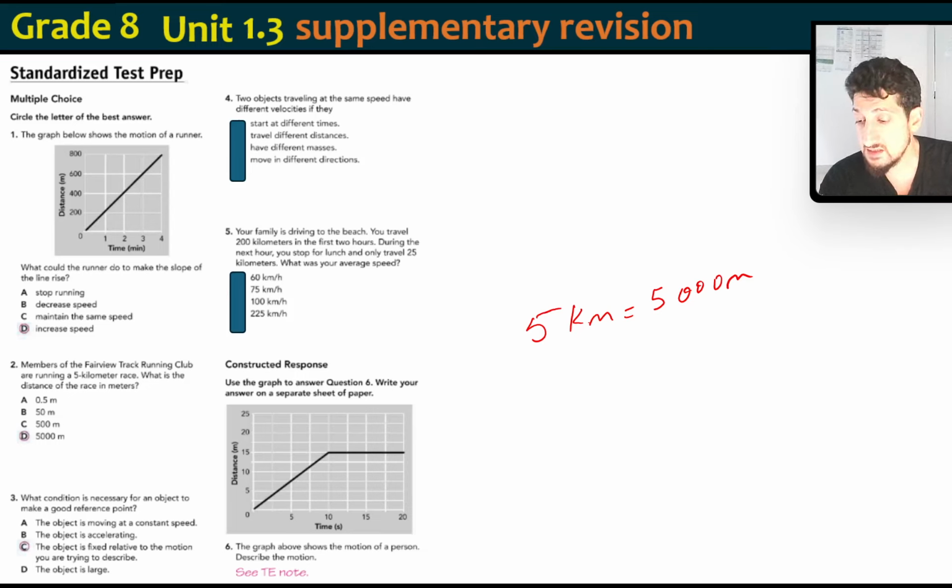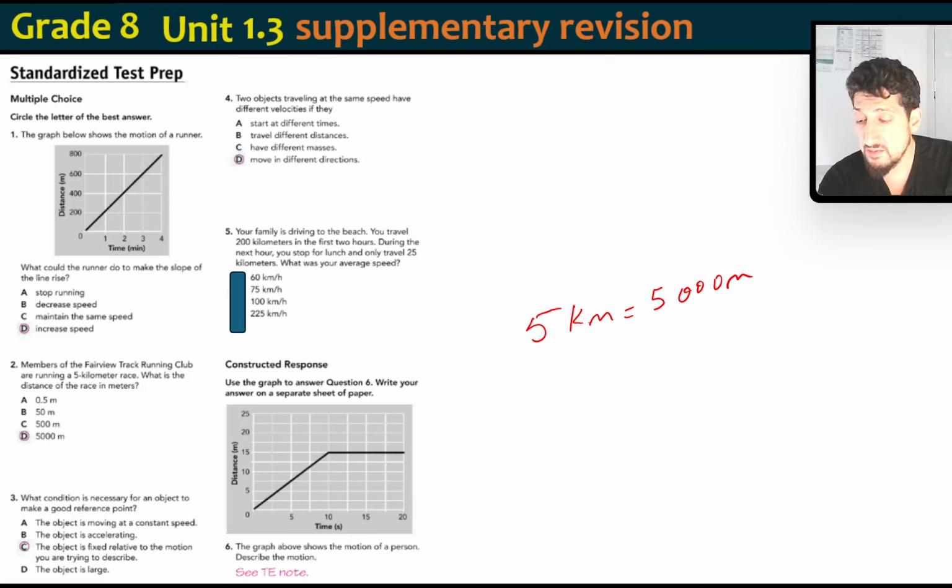Have different masses, once again, that makes no difference, and move in different directions. So they can only have different velocity if they are moving in different directions, because we said a change in velocity can happen if a person slows down or speeds up or changes direction.